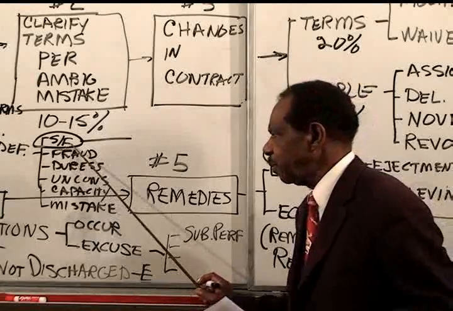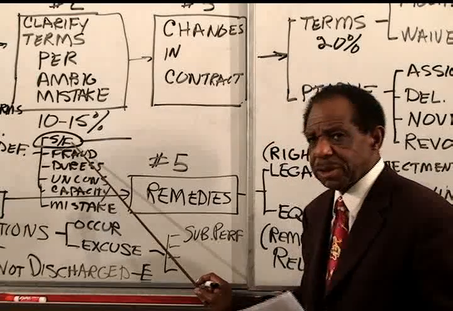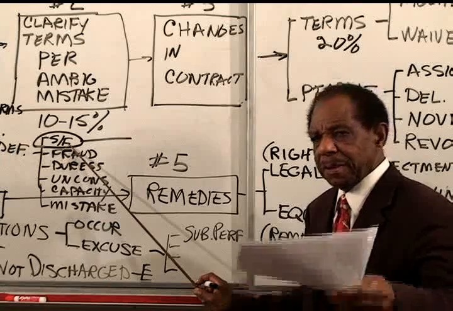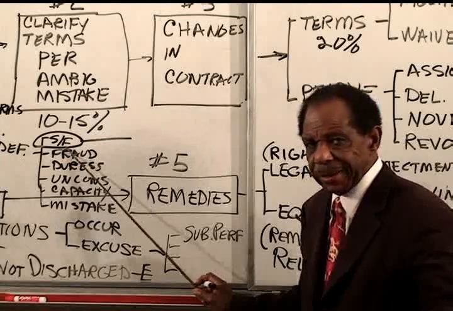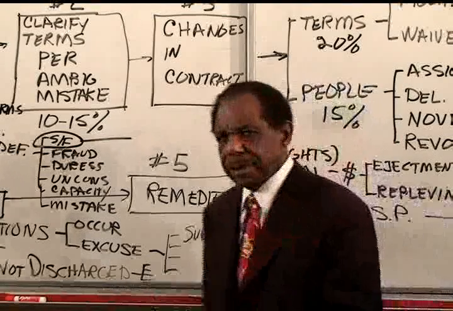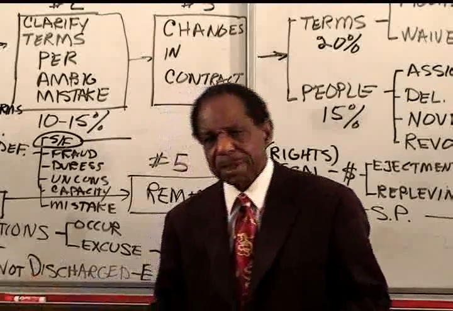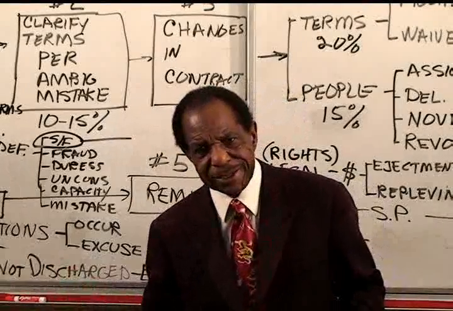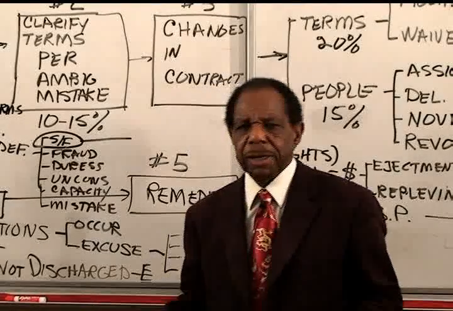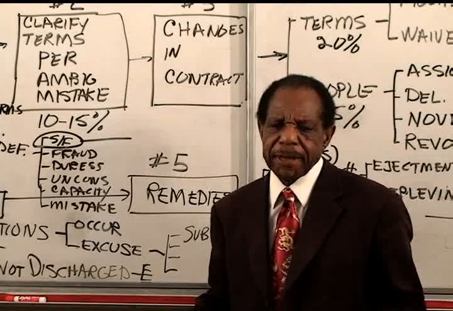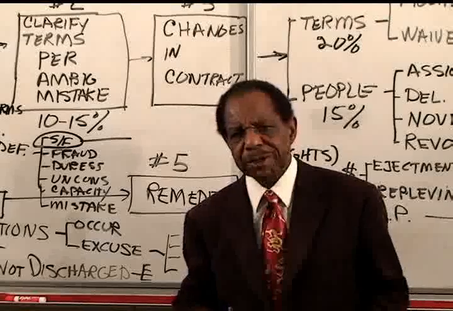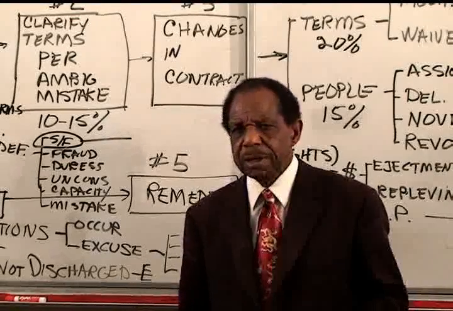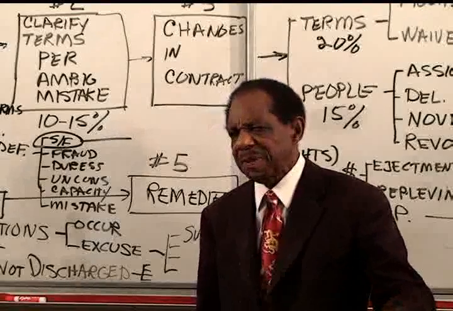If they are both merchants, then one merchant can send a written confirmation to the other one and bind the other one, provided that what you send, that they actually get it, that they get it within a reasonable time, that they have reason to know what's in the contents of what you sent them, that if they don't object within 10 days in writing of the time that you got it, then this receiving merchant is just as bound as though they signed.